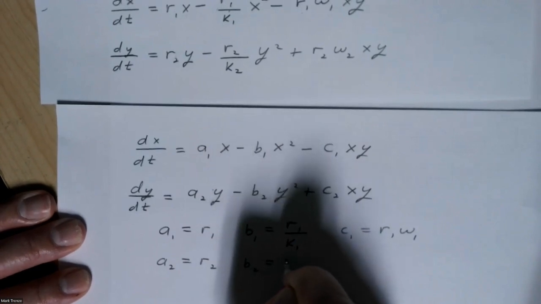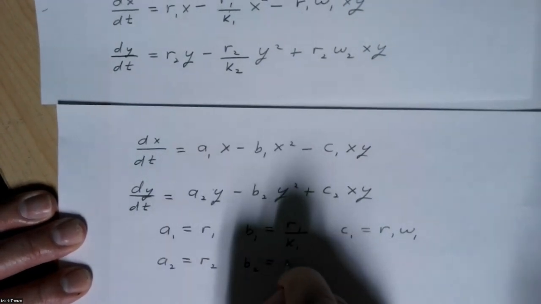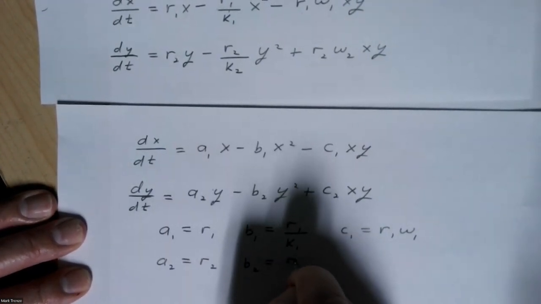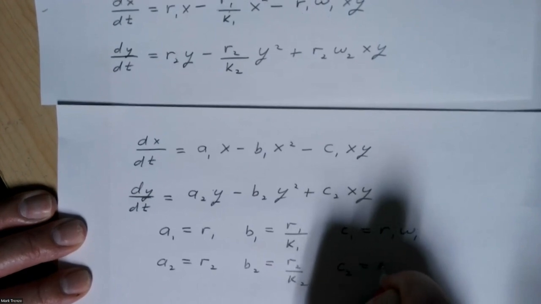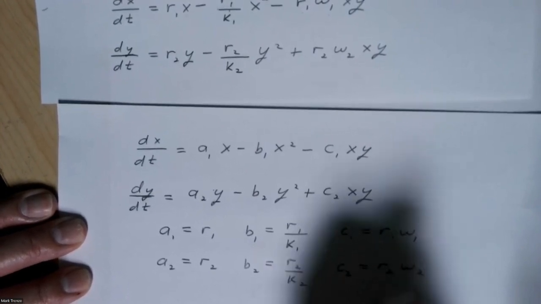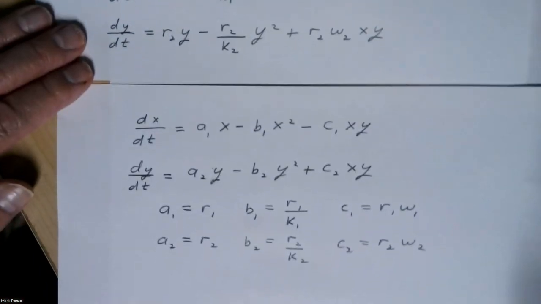B2 is R2 over K2, and C2 is R2 W2, like this.